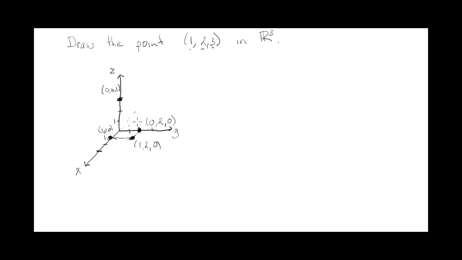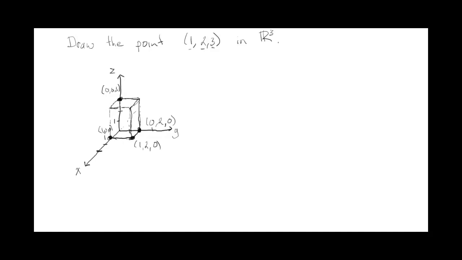So now I'm going to create a rectangular prism using these points. I draw this the way you probably have learned to draw a box in 3 dimensions. So I've got this rectangular prism. This rectangular prism has 8 vertices, or 8 corners.